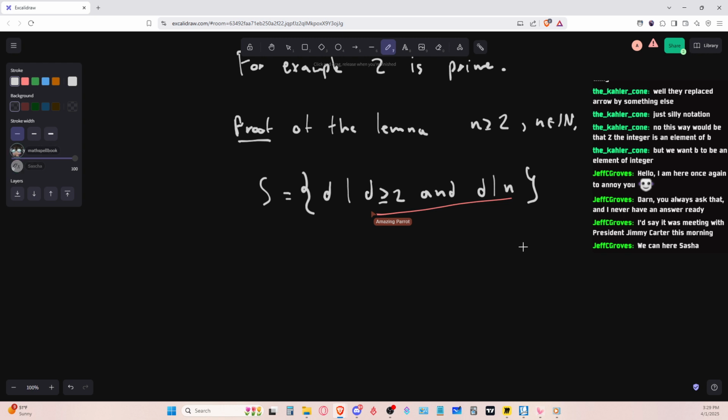It's just a visual example to show that it's not empty. That's a good idea, but even in your example, you didn't pick the most obvious one. If D is equal to 2 and the natural number is also 2, that's an obvious one.